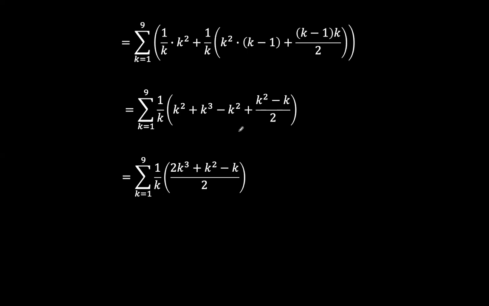So we have this cancel with that, and so we have 2k cubed plus k squared minus k. And this, we can pull this half out so that we have 1 over 2 out, summation of this k divided by this k cubed, which results in k squared. This goes away, and then this goes away, and we are left with 1 here. So we have 2k squared plus k minus 1.